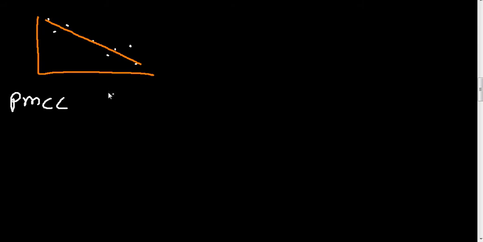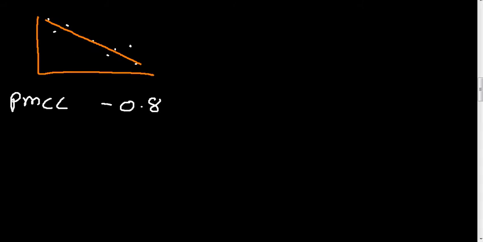All right, so if your scatter graph looked something like this, now your line of best fit would look something like this. And the PMCC in this instance would be -0.8.